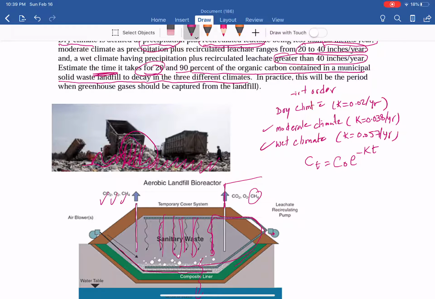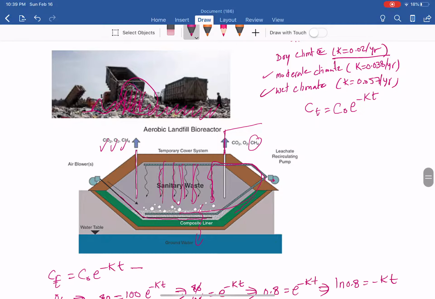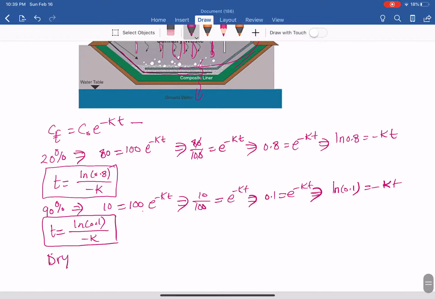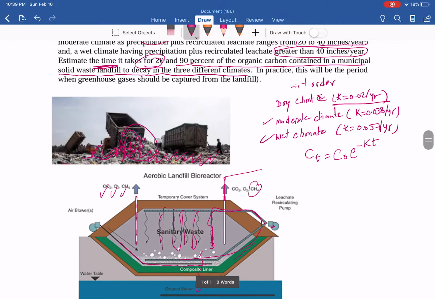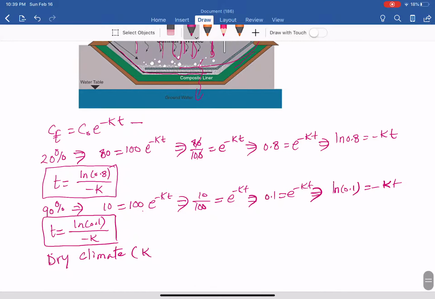K is 0.02 per year. For dry climate, what was K? 0.02. K is 0.02 per year.